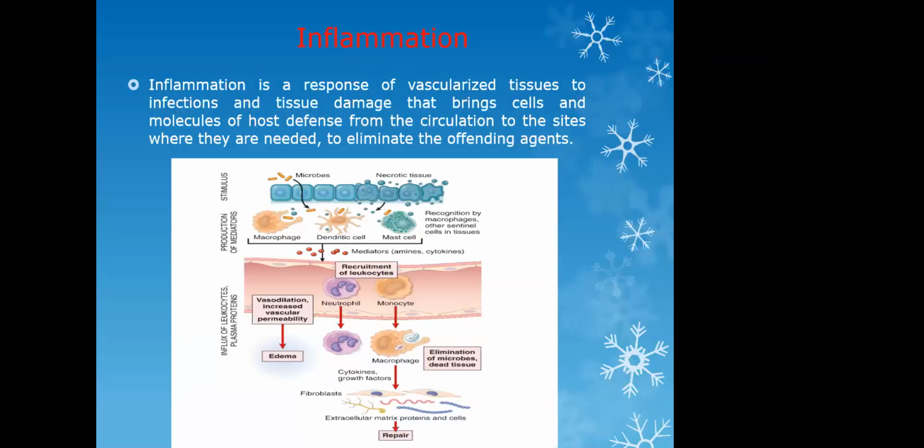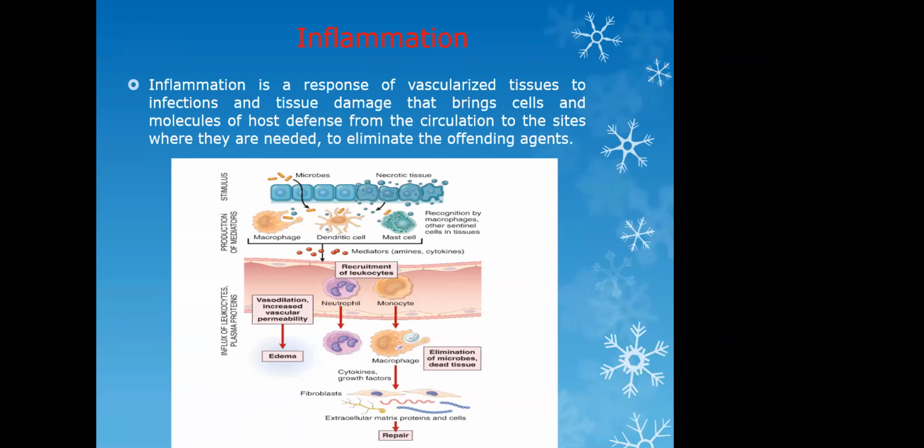The definition of inflammation is very important, and this is a typical definition which you must remember. It's a response of a vascularized tissue, meaning inflammation cannot occur in an amoeba or unicellular organism because they don't have vessels.